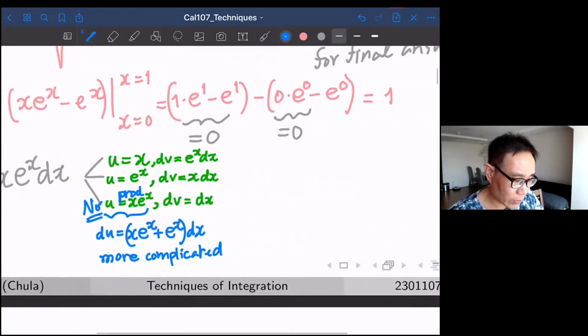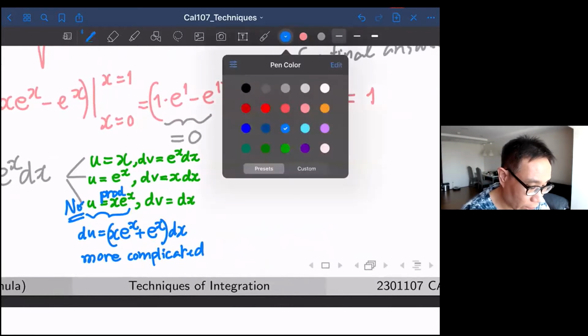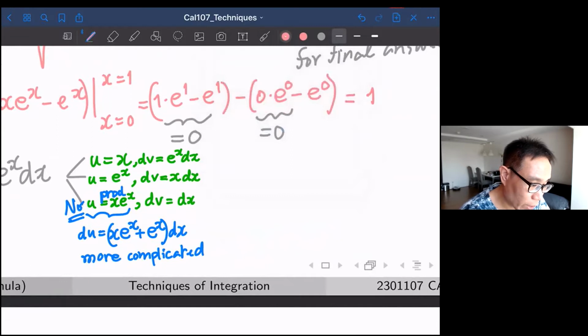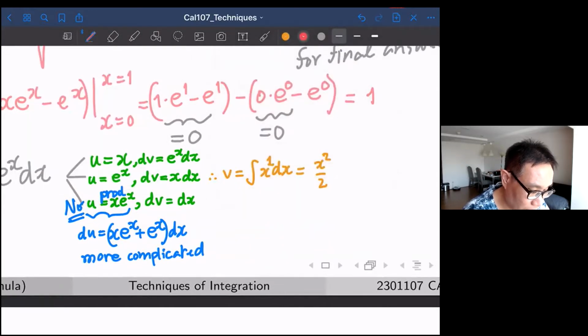The next one is u equal to e to the x and dv equal to x dx. In this case you compute v by integrating x dx, and you would get x squared over 2. You see that this one has exponent 1, and this one gives you a bigger exponent, exponent 2.